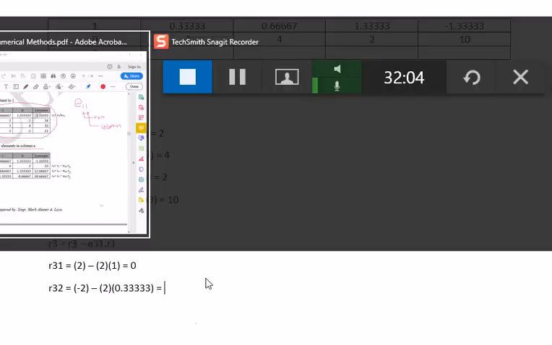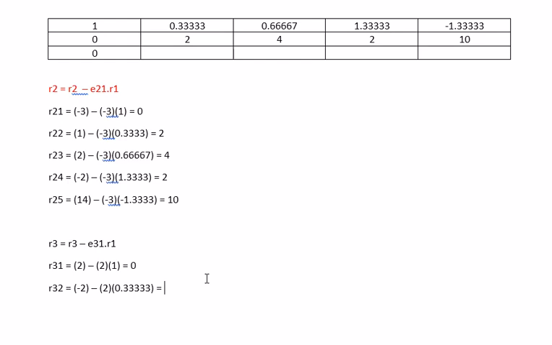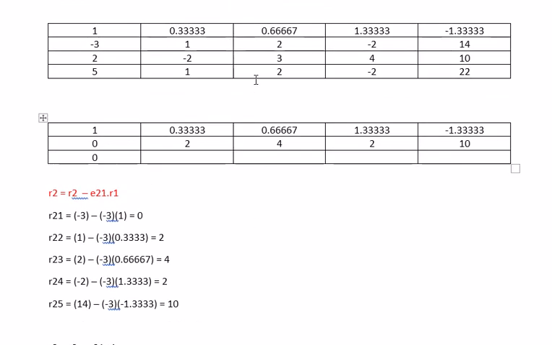That is equal to how much? Negative 2.6667. So we have R33 equals, what is the value of the element in R3? Here we have 3.